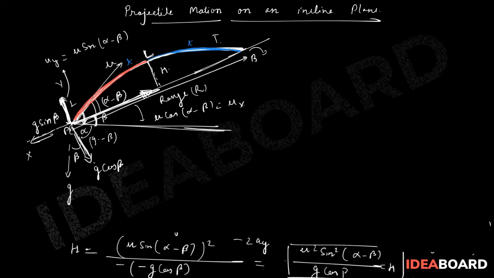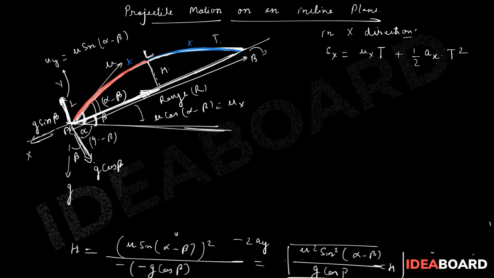So as we know, this time I am applying in x direction, right? Because range is the horizontal distance, this one, along the plane. So in x direction we can apply sx is equal to ux into capital T. How much time it took? Capital T plus half ax into capital T square.